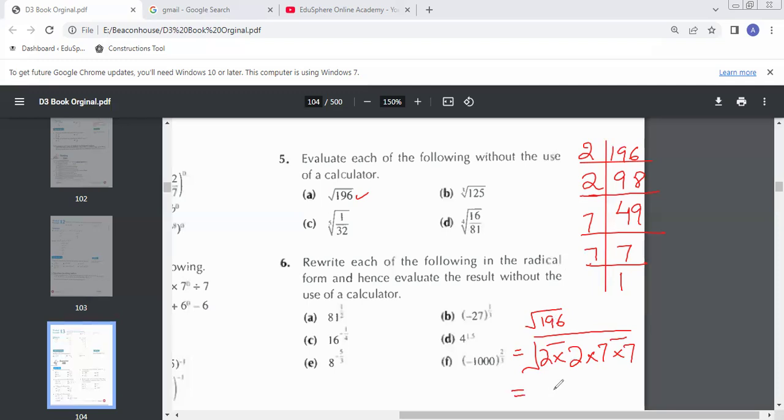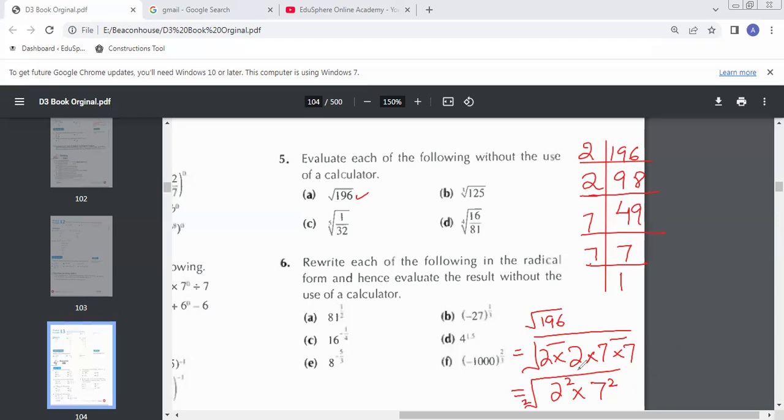So we will write 2 squared times 7 squared, and on top of it is a square root. A square root sign has a power of 2, even if it's not written. And the radical always means that the power is actually a fraction.